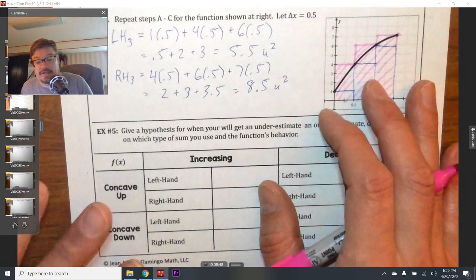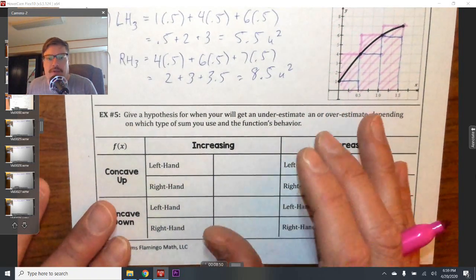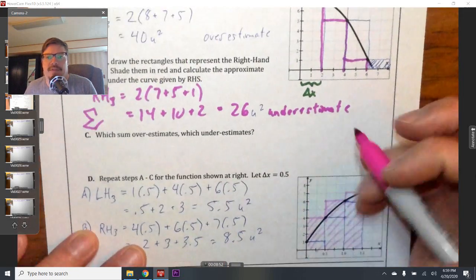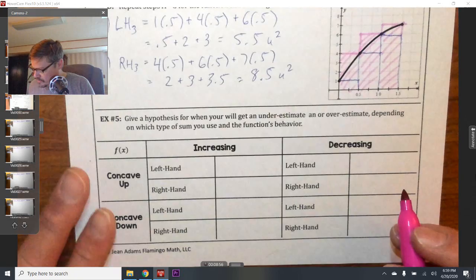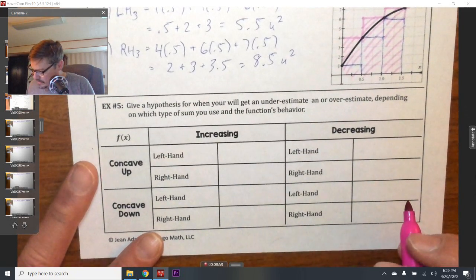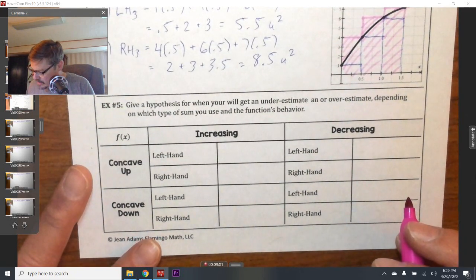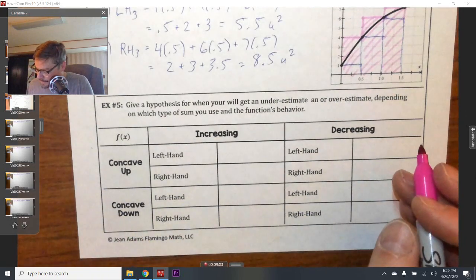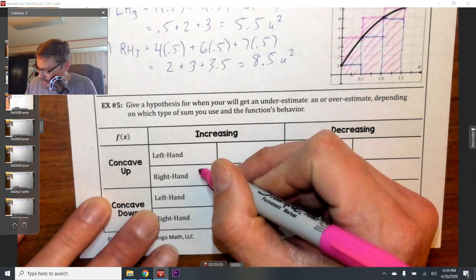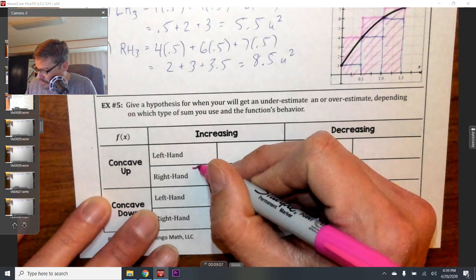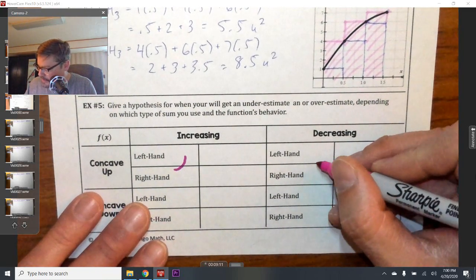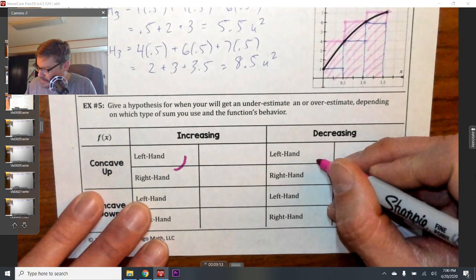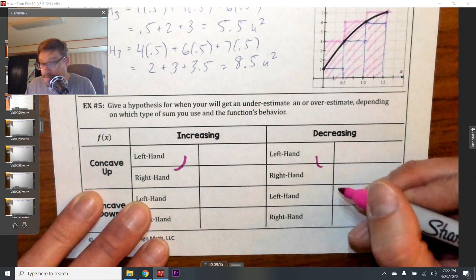I feel like we should draw pictures for these. But this one is decreasing. Okay, increasing concave up would look like this. Decreasing concave up would look like this.